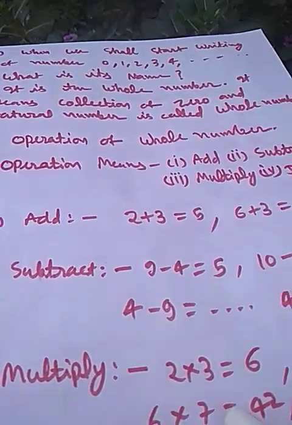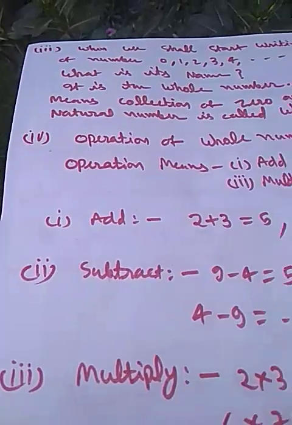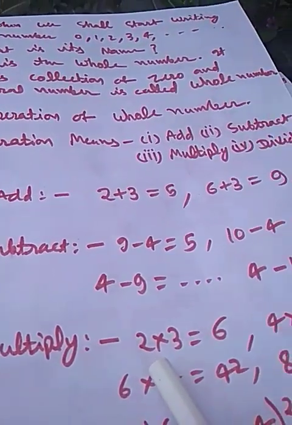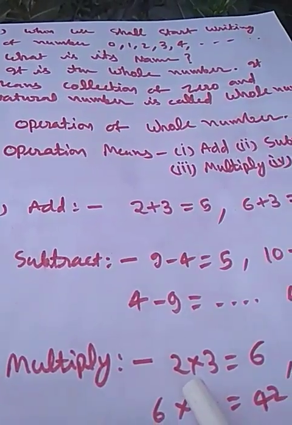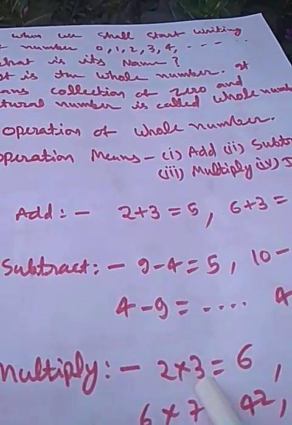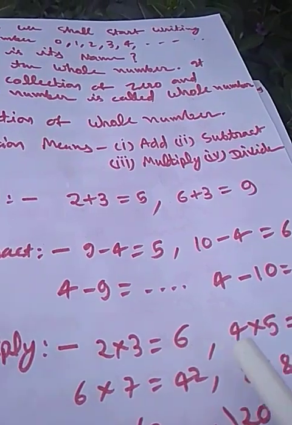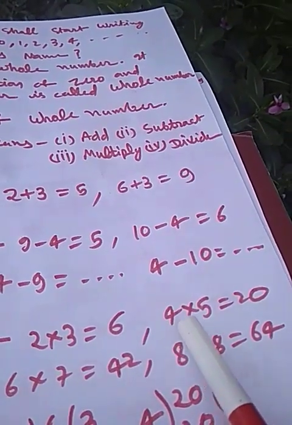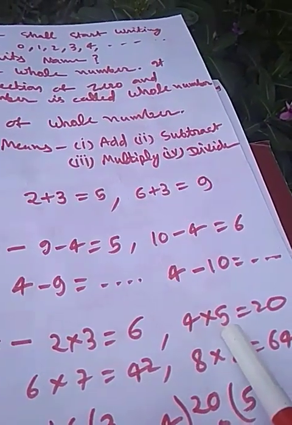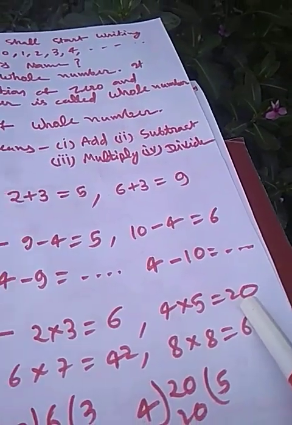Now next step, that is multiply. For any two whole numbers multiplied, the first whole number is 2 and the second whole number is 3, and whose product is 6. Similarly 4 is a whole number, multiplied by 5, which is also a whole number, is 20. 20 is also a whole number.